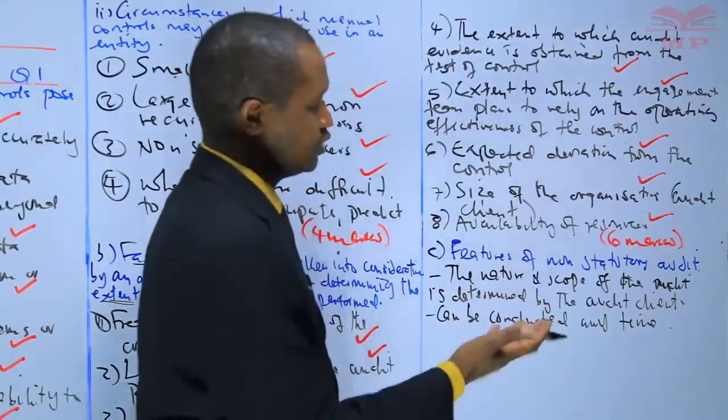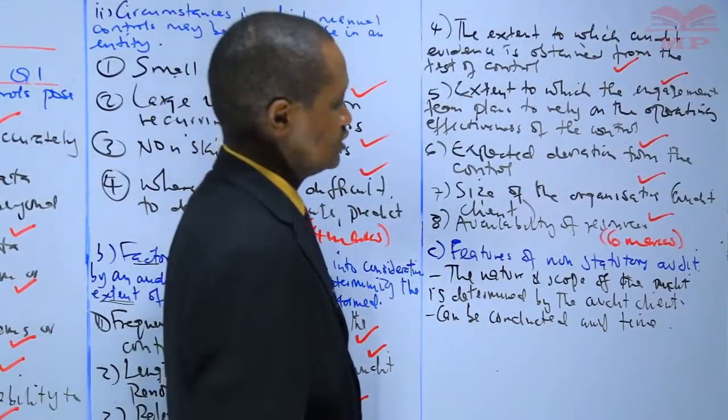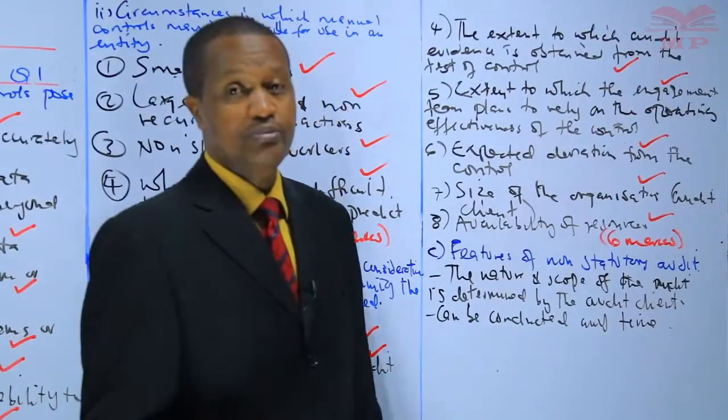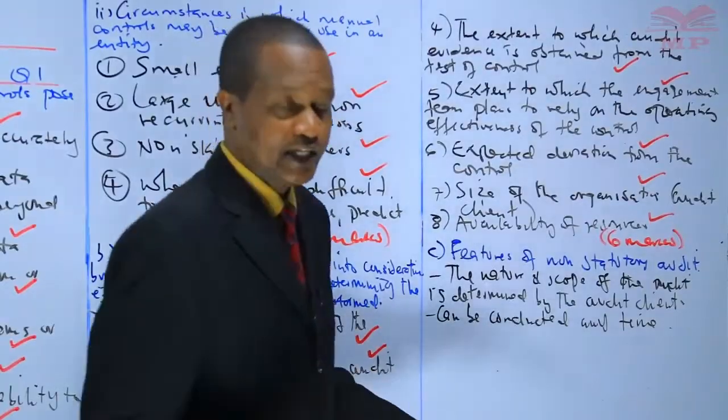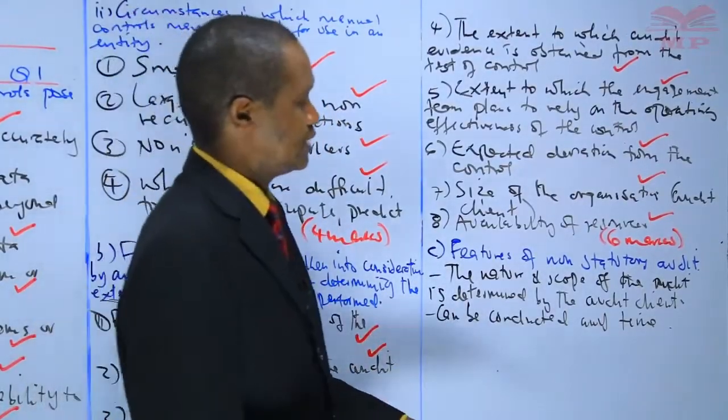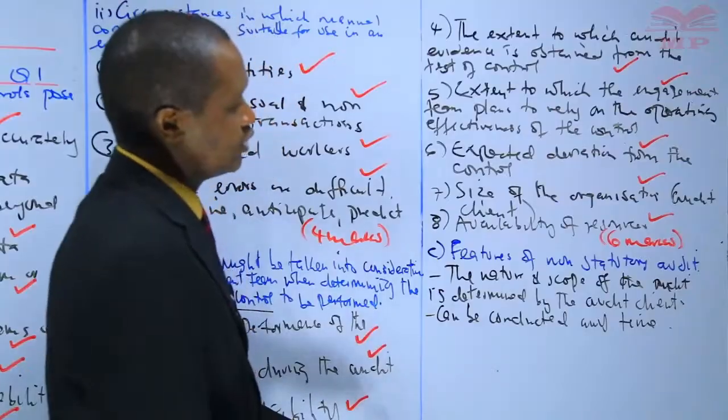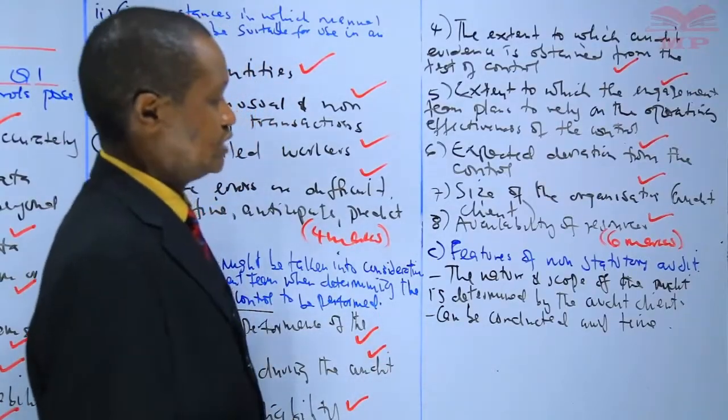For example, an audit of a sole proprietorship can be carried out towards the end of the year, midstream, or any time, because there is no law that regulates the conduct of non-statutory audit.